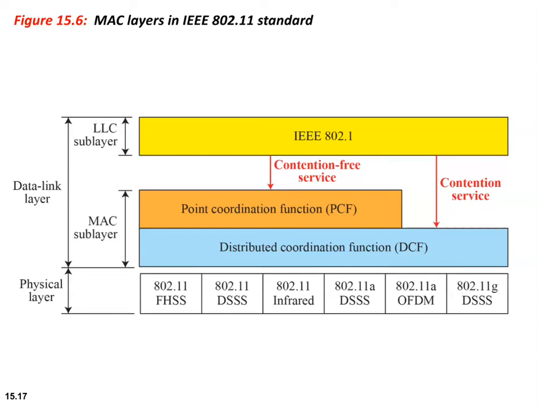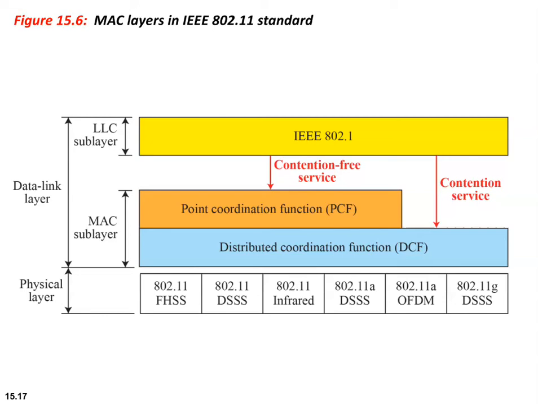In the case of a wireless LAN, since the collision cannot be detected, the collision has to be avoided, so the CSMA collision avoidance method is used. It cannot be detected because of the batteries that we use, the power supply is limited, the distance between the stations may be more, and there might be a hidden station problem.